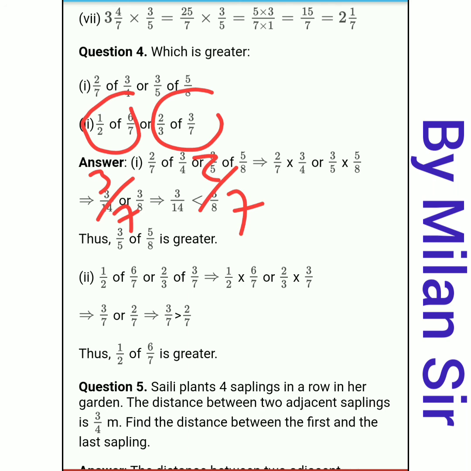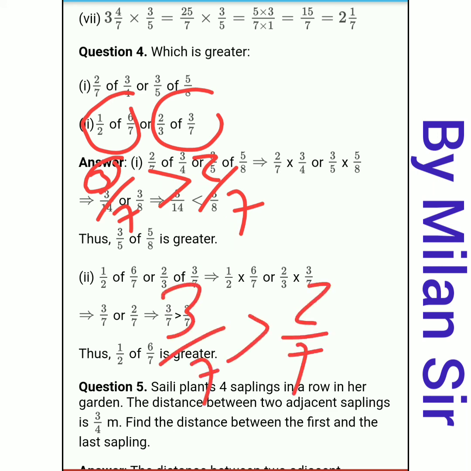If denominators are same, then a number which has greater numerator is greater, right? If denominators are same, then a number which contains greater numerator is greater. Here 3 is greater than 2, so we can put this sign, right? 3 by 7 is greater than 2 by 7. Okay, if denominators are same, then whichever numerator is greater, the number is greater.